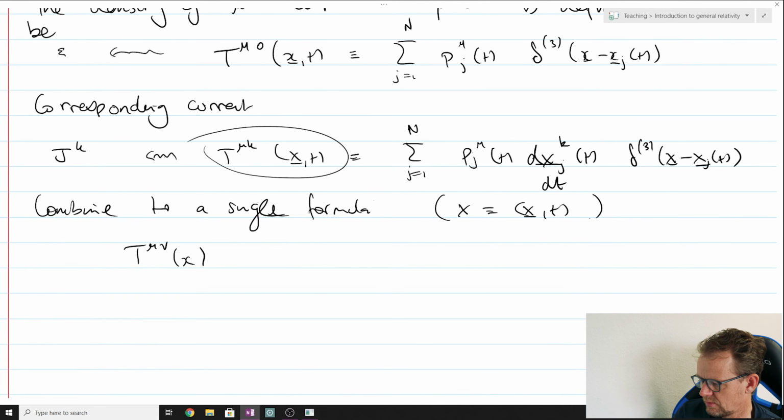So we can combine these two quantities into a single formula, and what do we get? Well, this thing here.